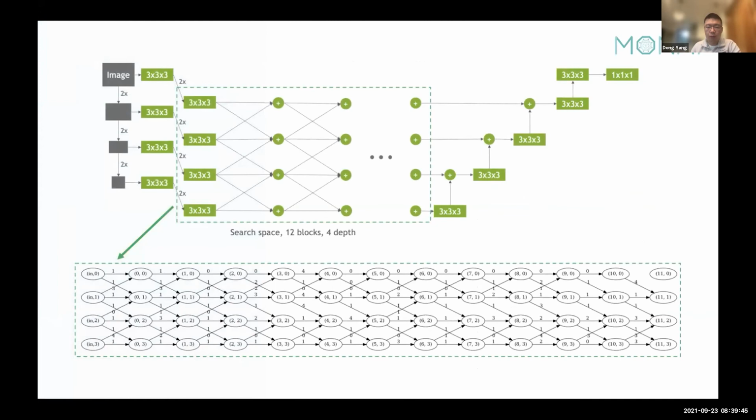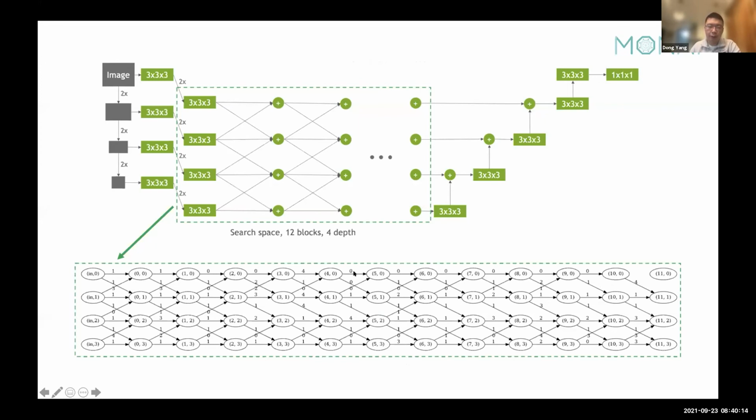The goal is to search, within this searching space, with the input and the output at the top right, for the optimal architecture. It's a densely connected searching space. The algorithm needs to decide whether to connect different feature maps; you can see whether we should connect different nodes here or here.